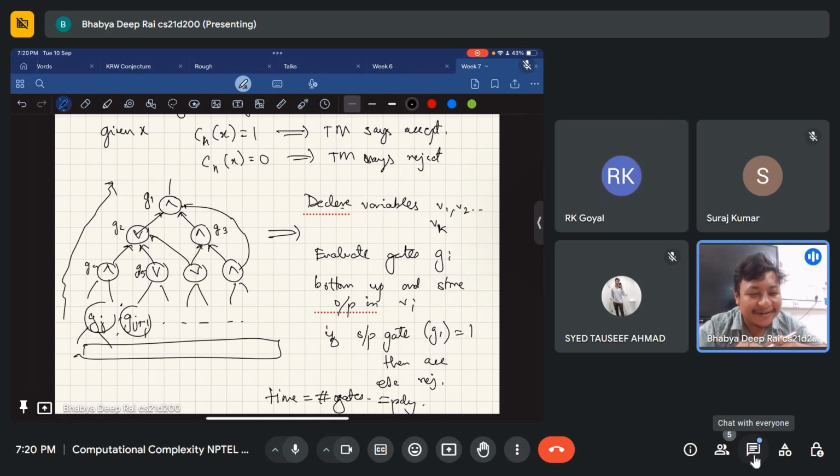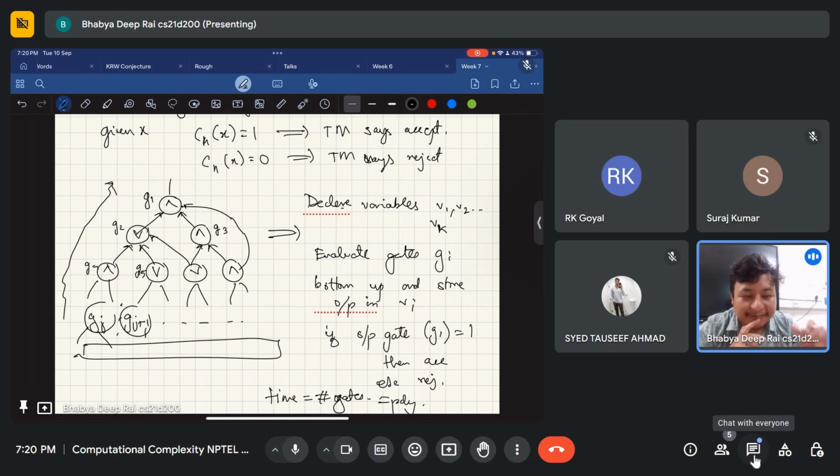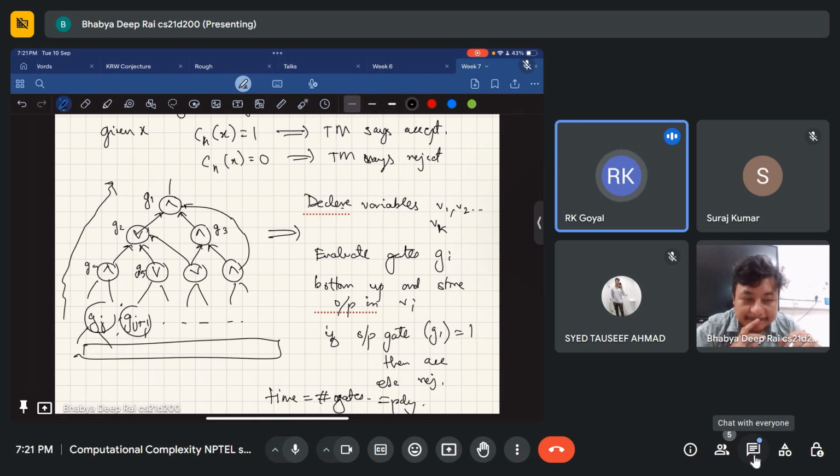The width may increase and decrease, but the space corresponds to the largest width, which is the maximum width of any layer. So that can be considered an analog to space.